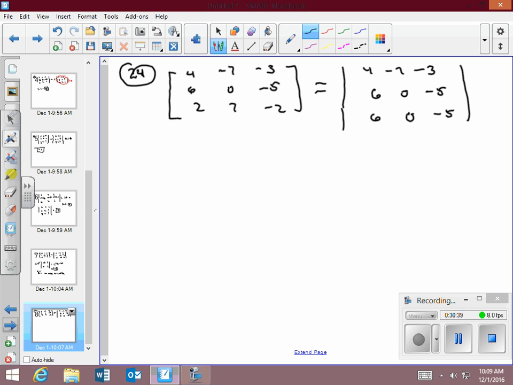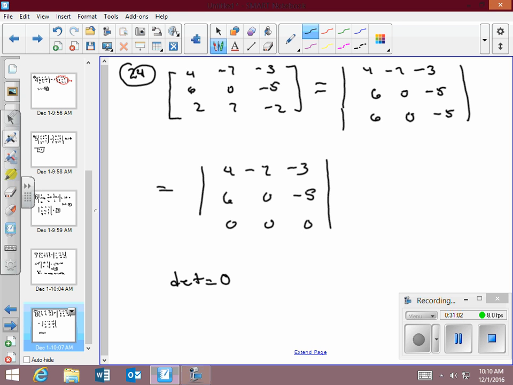It'll just be 4, minus 7, minus 3. Took a negative times this row and added it to the third row, we got zeros, right? So the determinant is going to be equal to 0.